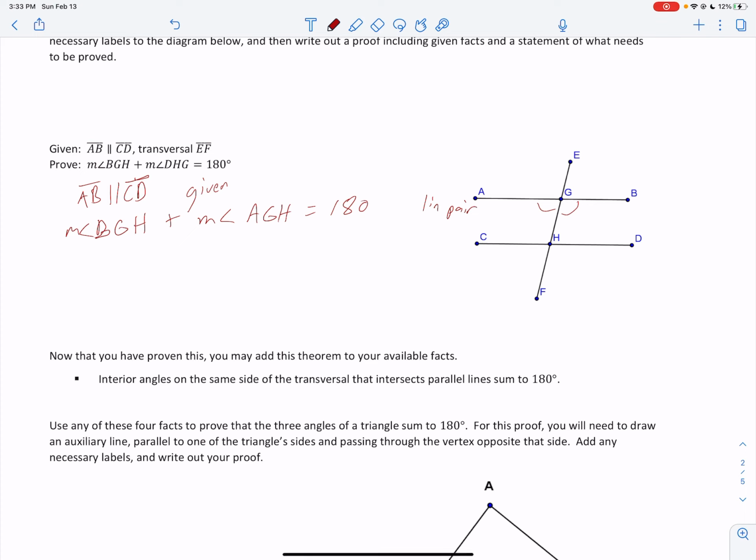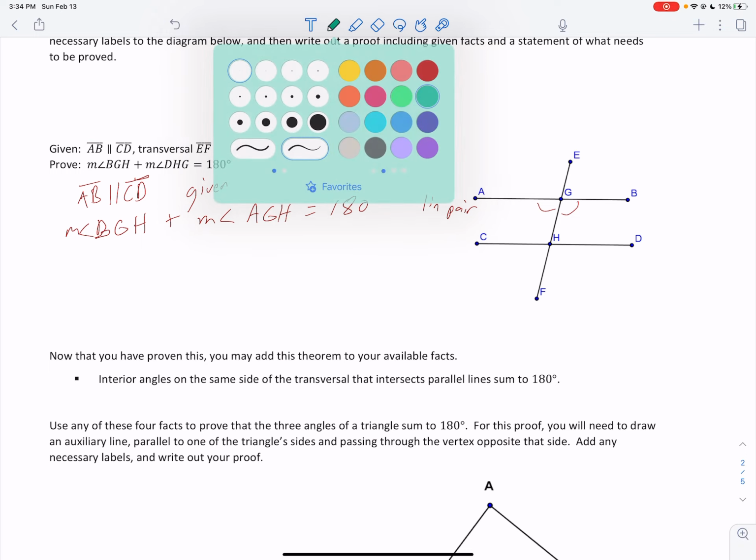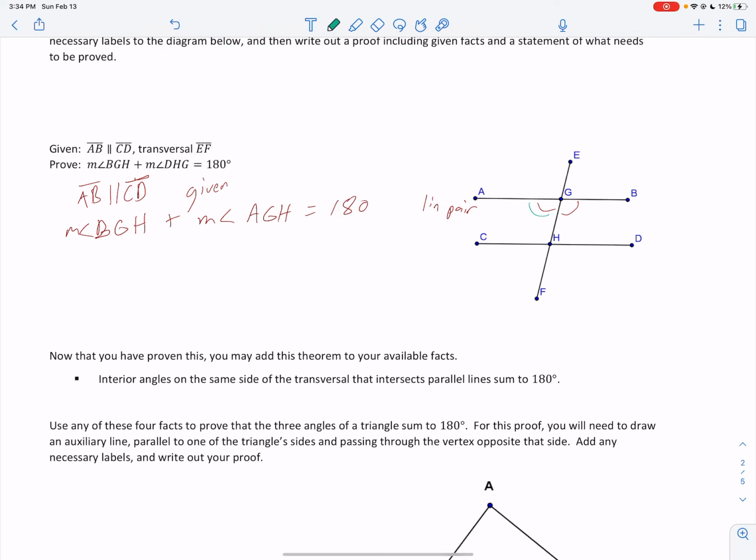Okay, and then what else do we know? Well, we know that these two add up to be 180, and so, what else can we do? Well, let's try to relate something with this. If you look at this, I'm going to use a different color and highlight this and this.